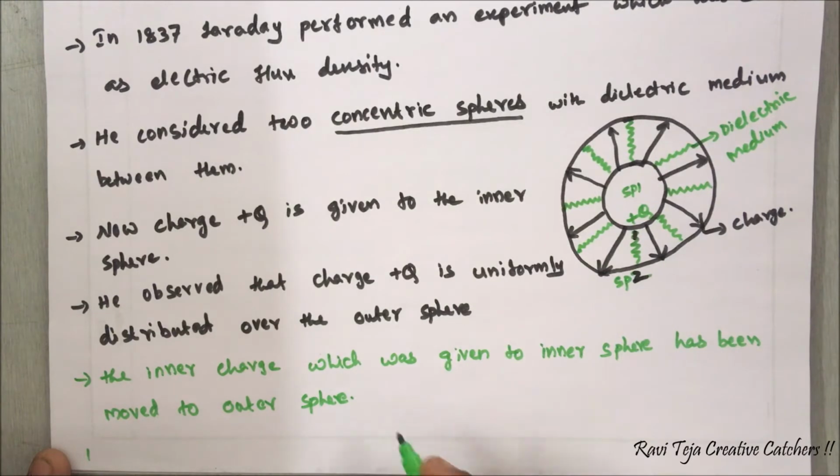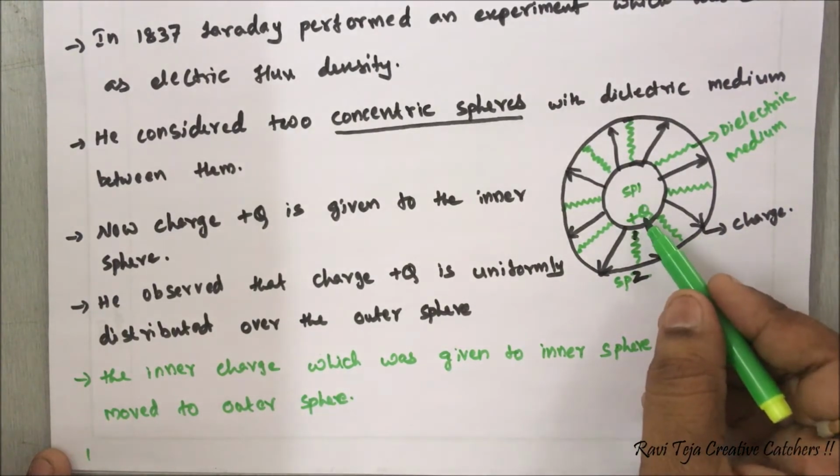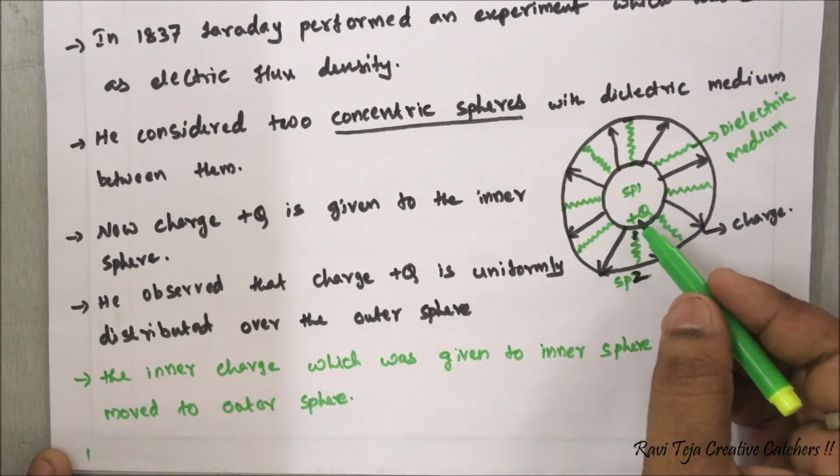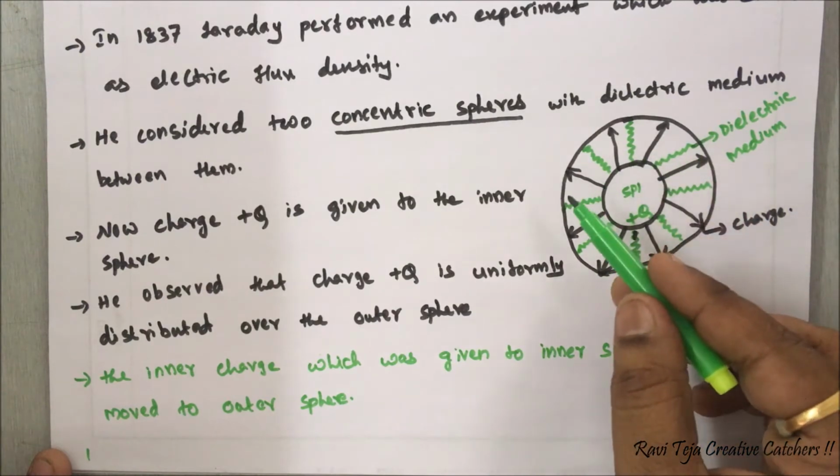So this particular concept, whenever a charge is given to the inner sphere, after some time this charge of the inner sphere is uniformly distributed to the outer sphere.